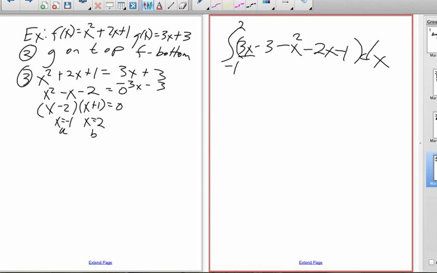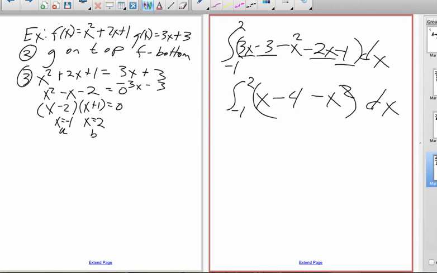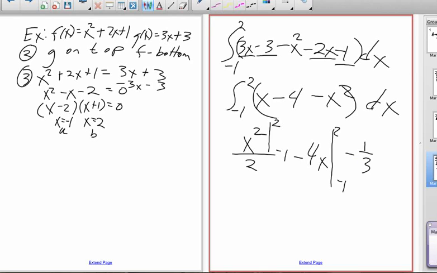So I'm going to combine my 3x and 2x. That's going to give me an integral from negative 1 to 2 of x, and I combine my 3 and 1 minus 4, minus x squared. And this makes it a little bit easier. If you can go ahead and simplify this out, it gives you less terms to do. And now I integrate, so this is going to give me x squared over 2, evaluated from negative 1 to 2, minus 4x, evaluated from negative 1 to 2, minus 1/3 x cubed, evaluated from negative 1 to 2.